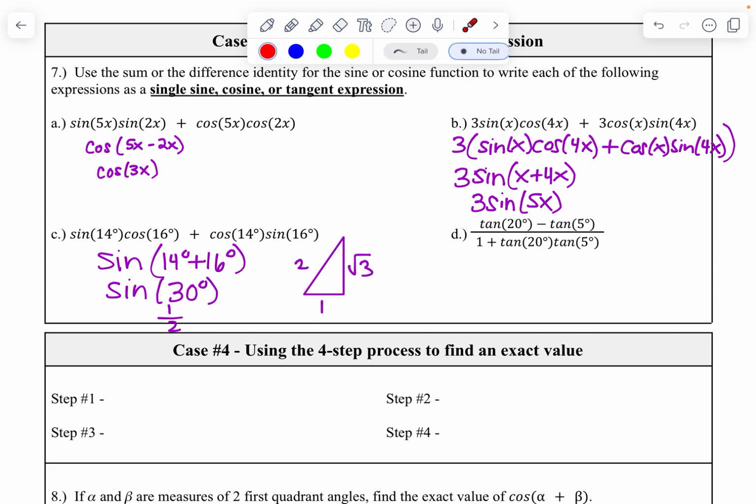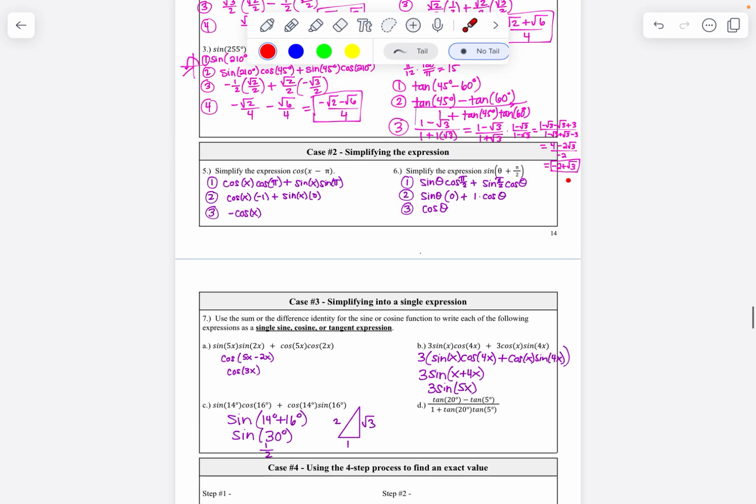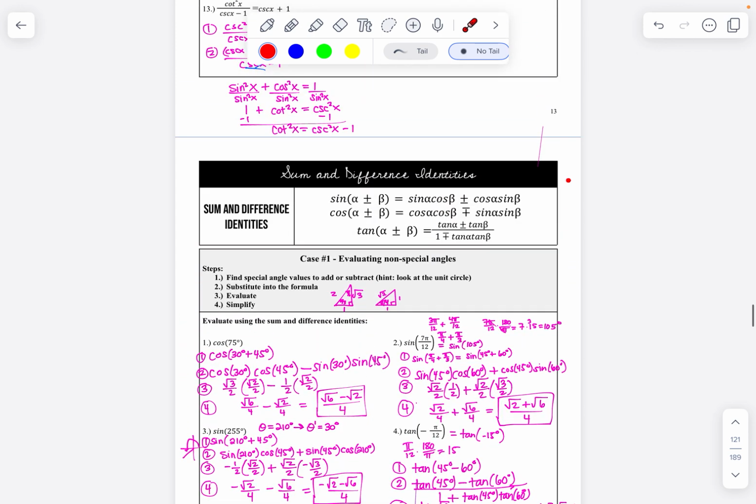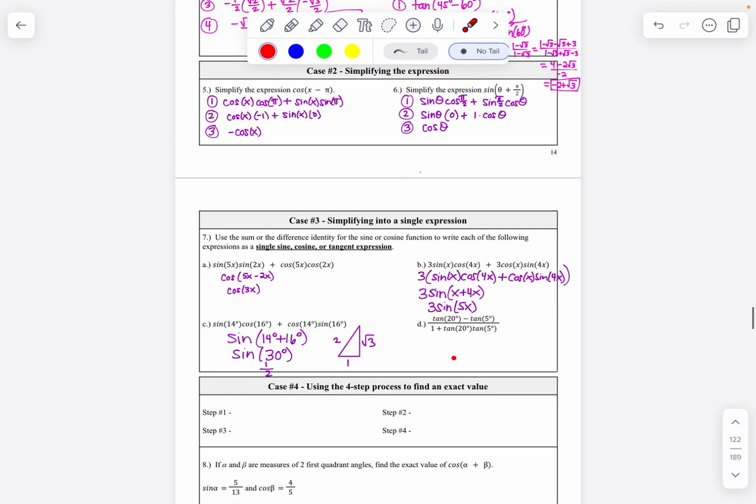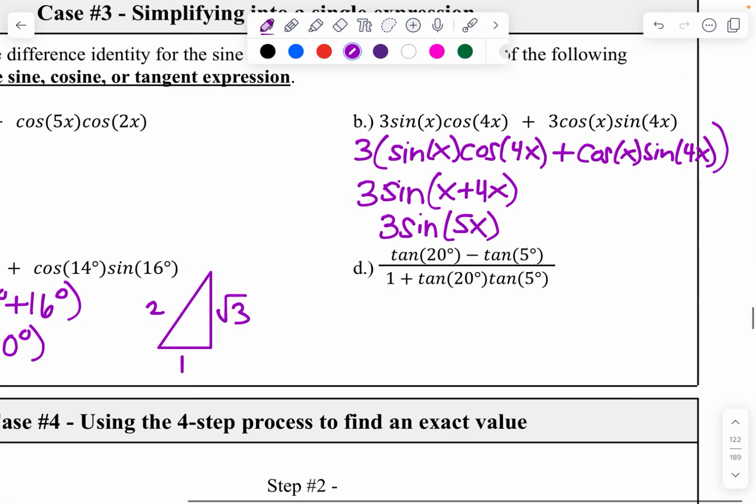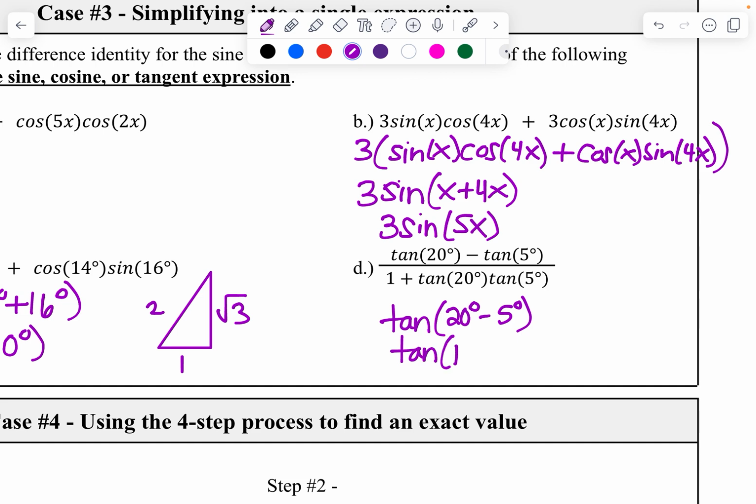All right, so we can see this one's our tangent sum or difference formula. And so because we have that minus sign in the top, it tells us it was a minus sign here. The sign of the numerator matches the sign of the original problem. So we will have the tangent of 20 degrees minus 5 degrees. So that's the tangent of 15 degrees.